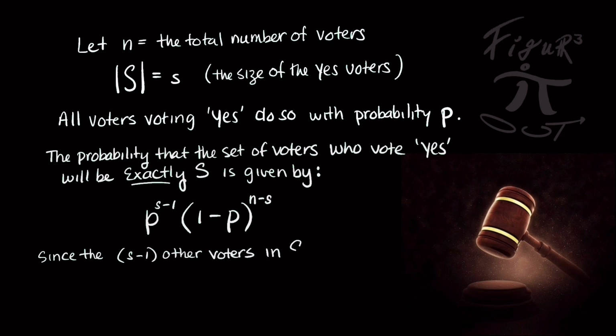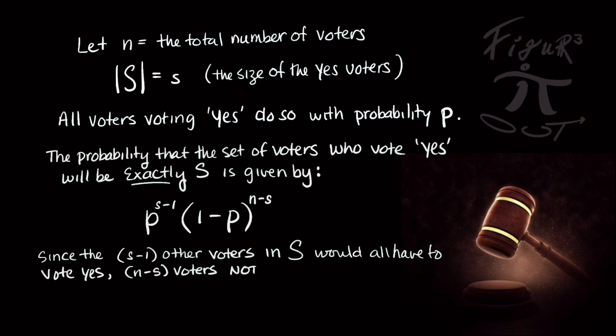Since the s minus 1 other voters in S would all have to vote yes, and the N minus s voters would have to vote no, therefore not being in S.